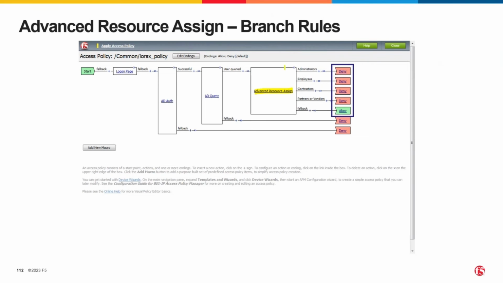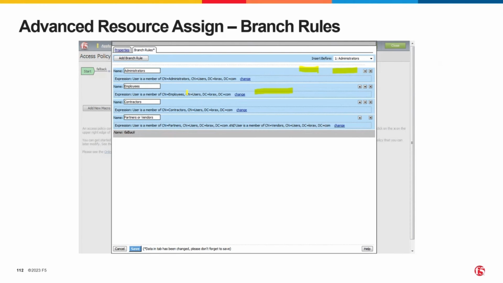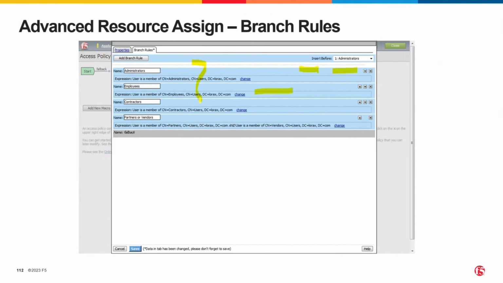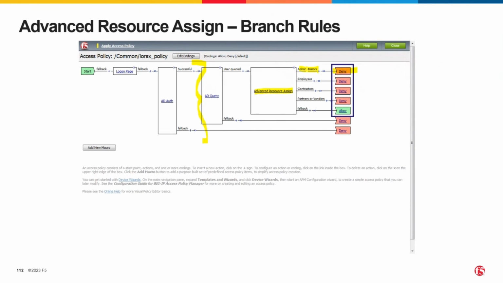So administrators do something else. Of course, you can have it in one branch, or you can have it in separate branches like here. So maybe for administrators, to get those resources, you want to check something else.